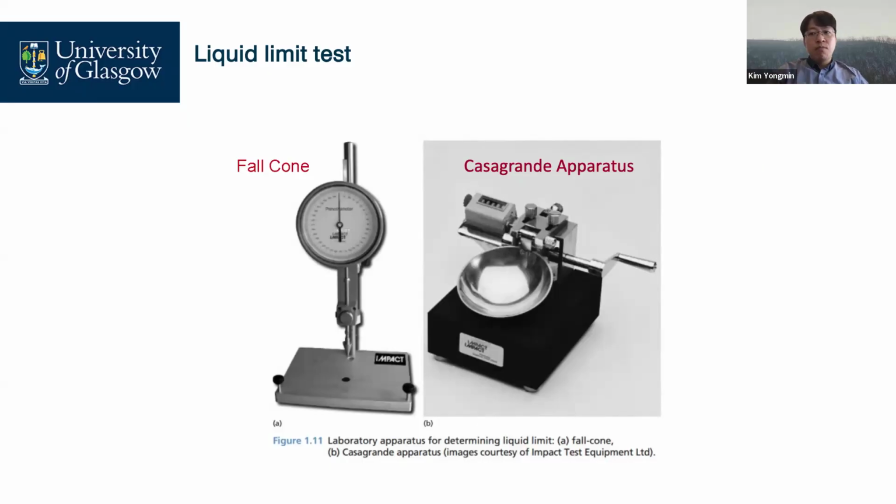But in recent years, the fall cone test is easy to learn and gives quite consistent results. So our school is equipped for fall cone tests, and I will focus on them. If you are interested in the Casagrande method, I can provide additional data.